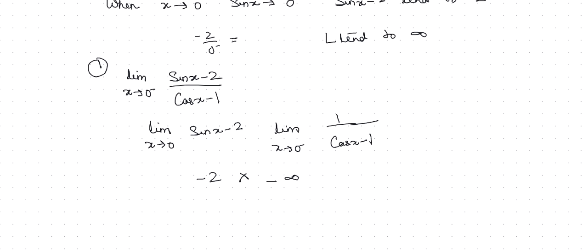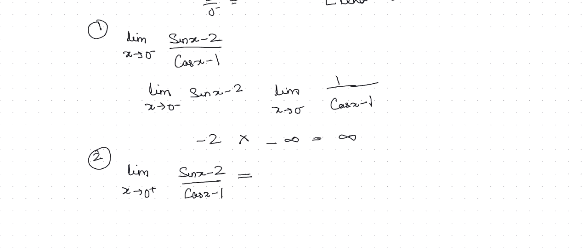In the same way we'll do it for limit x tends to 0 plus of sin x minus 2 and limit x tends to 0 plus of 1 over cos x minus 1.